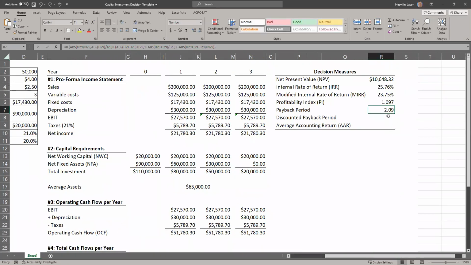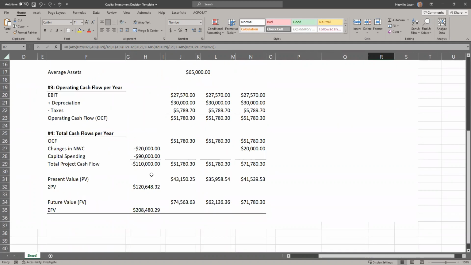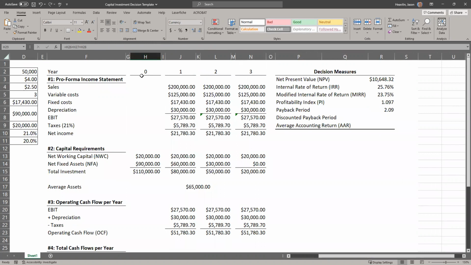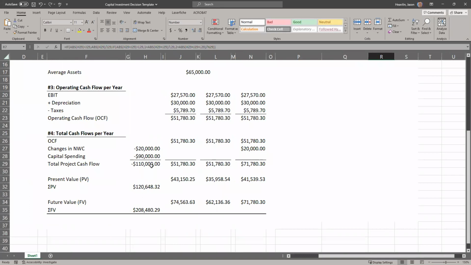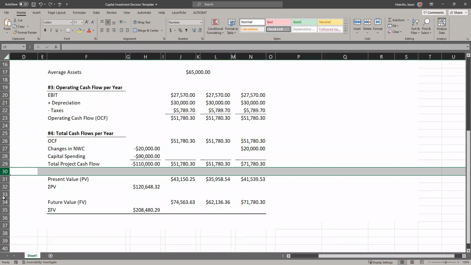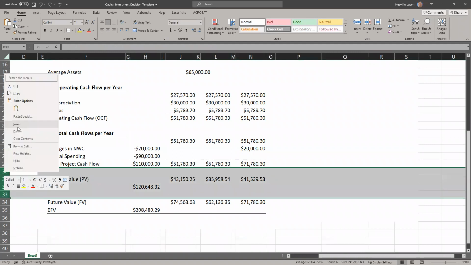What it's telling us is it takes 2.09 years to get your initial investment back. That 110,000 that you put out in year 0, we want to know how long it takes to get it back. So I'm going to modify this a little bit so you can see it in action.